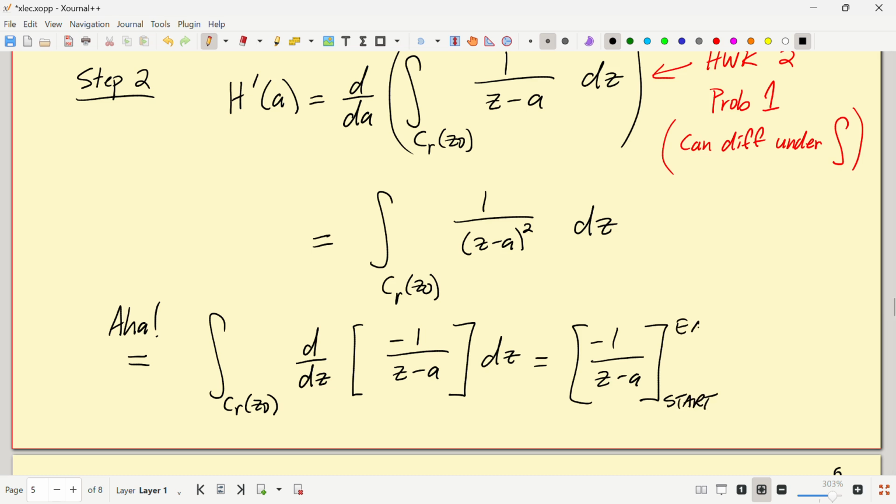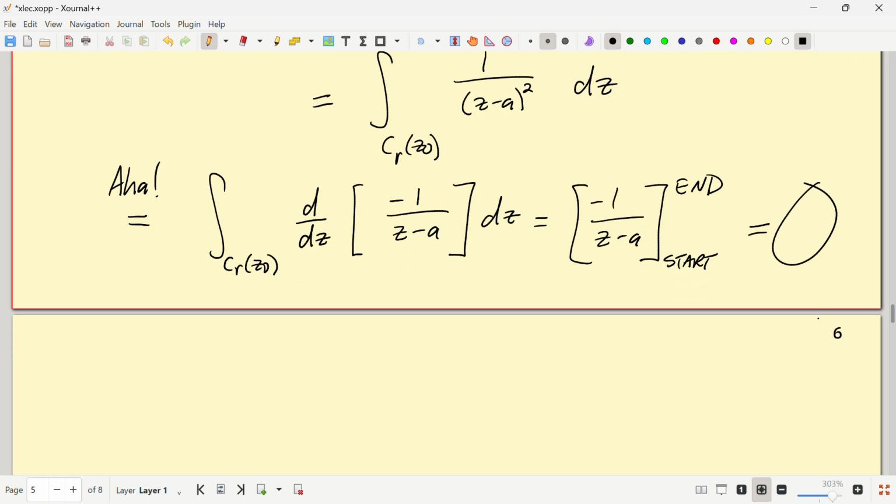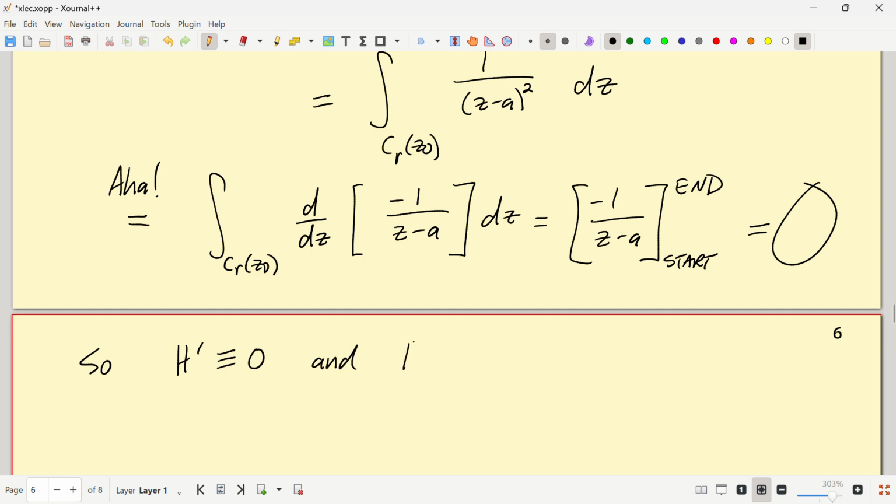And it's a circle, so those are the same, and so that's a big fat 0. So h prime of a is identically 0, and that means h is constant.